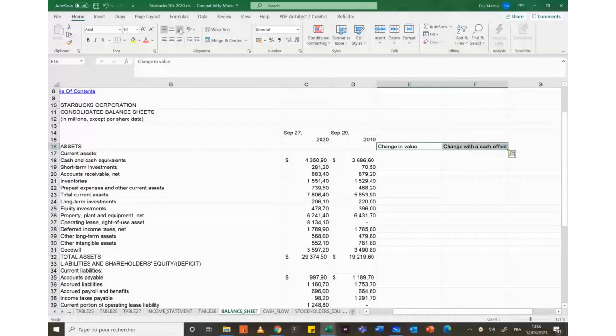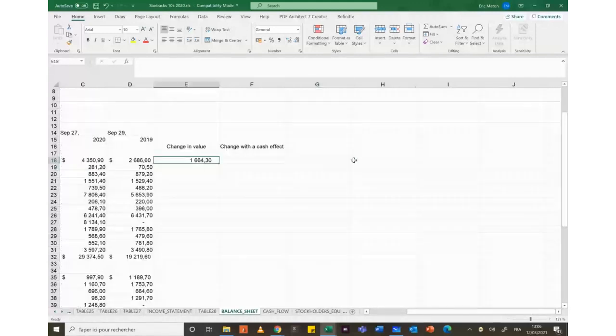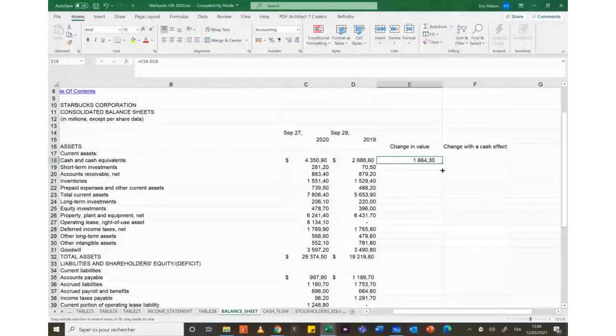So I take the amount at the end of September 2020 minus the amount at the end of September 2019. So it's not relevant, this one, because of course we have all the cash effect. If we change cash, it's because of the cash effect. So here is the same. So it's not relevant for the first line item, but for all the rest, you will have changes.